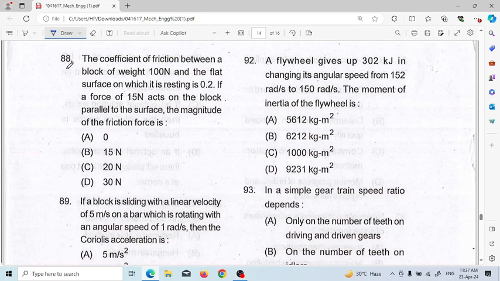Next, question number 88. The coefficient of friction between a block of weight 100 Newton and the flat surface on which it is resting is 0.2, and if a force of 15 Newton acts on the block parallel to the surface, the magnitude of friction force will be what?